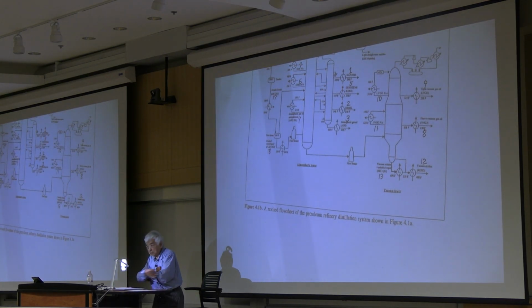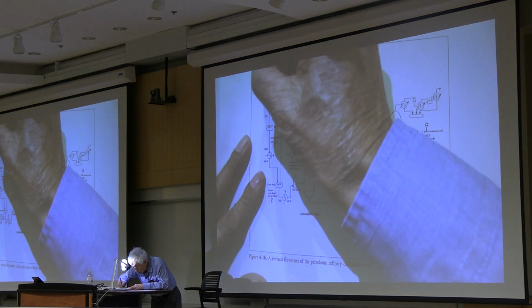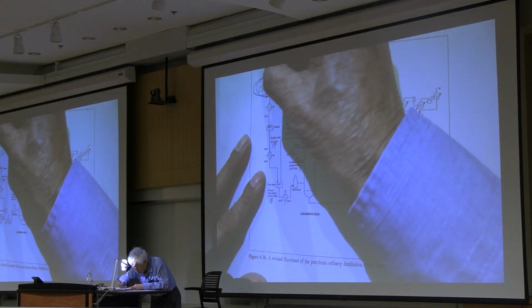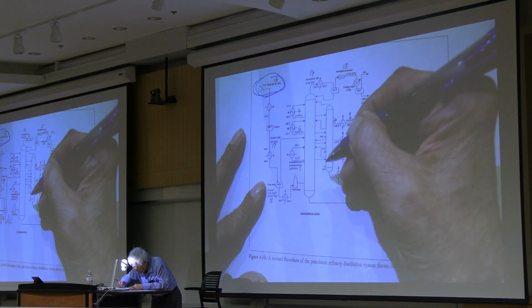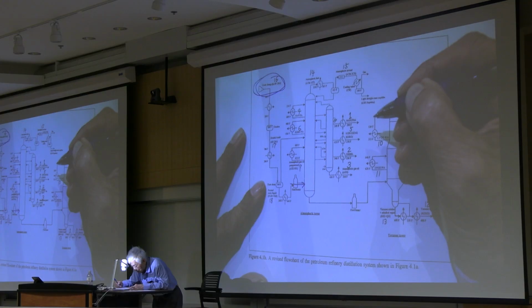Now, in real practice, look at page 68. This is what we call fractionation column. Petroleum refinery. You have a cold, cool oil. Heat it up. Okay? Go to the bottom of this fractionation column.